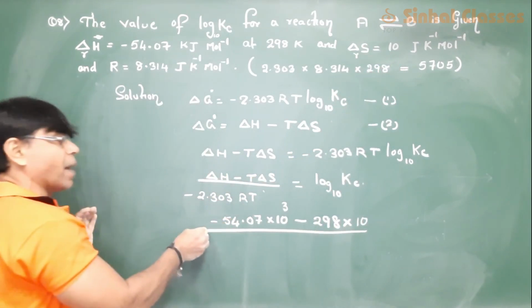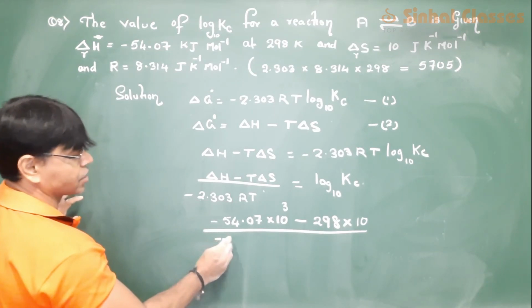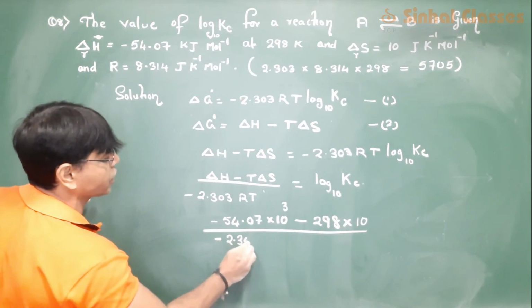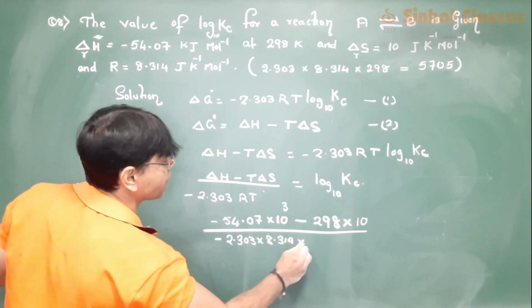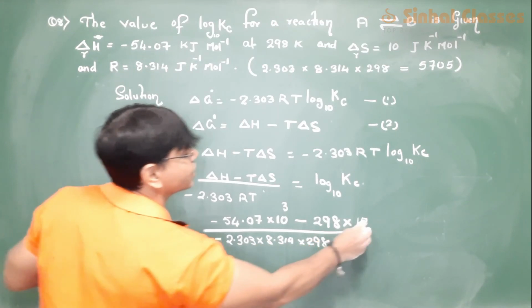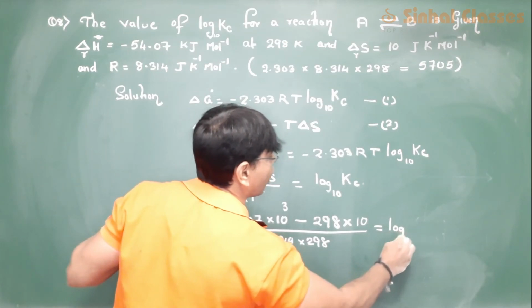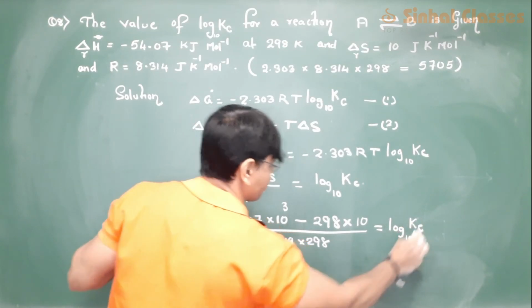Now divided by minus 2.303 into 8.314 into 298, which is equal to log to the base 10 of Kc.